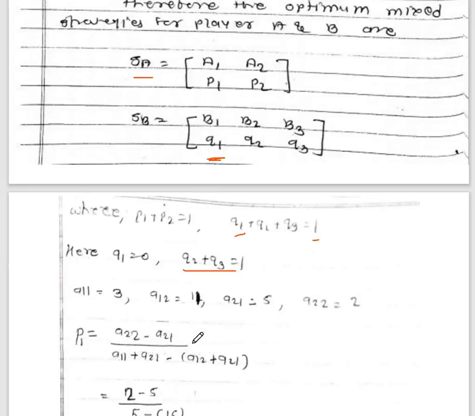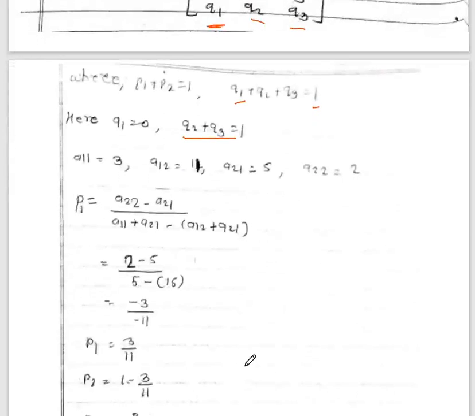Now here we will find out P1 and P2, then Q2 and Q3. And we know the formula for P1, that is A22 minus A21 divided by A11 plus A22 minus A12 minus A21. Okay, putting all the values in this term and solving, you will get 3 upon 11, that is the value of P1.